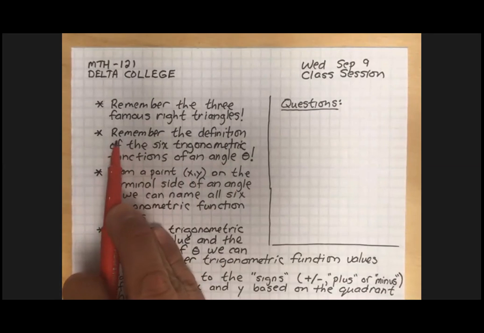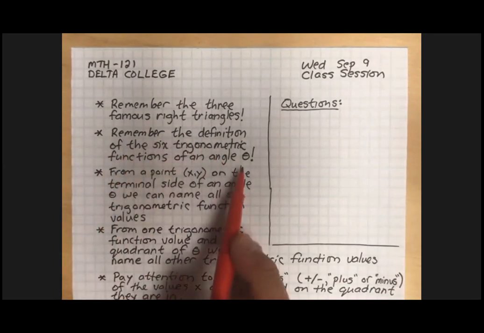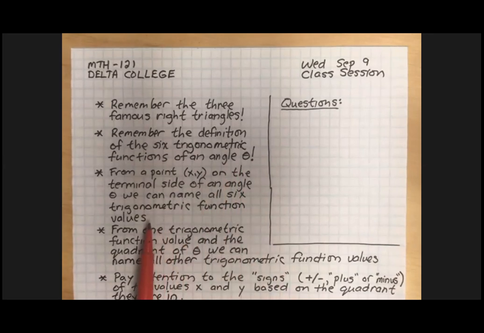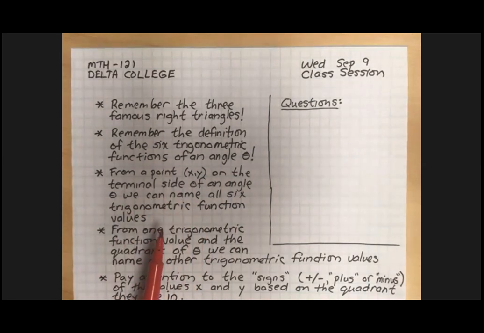At the end of our last hour, we talked about the definition of the 6 trigonometric functions for an angle in standard position, and we'll redo that now. What I want to emphasize is that if you know a point on the terminal side of an angle, you can name all 6 trigonometric functions immediately.